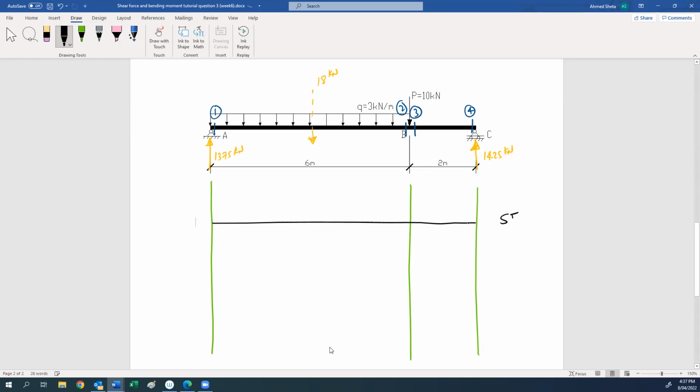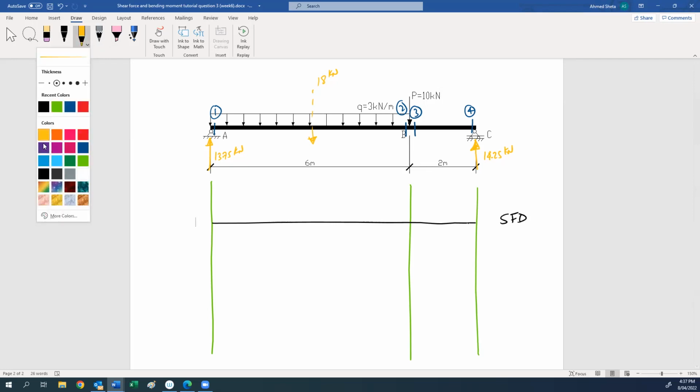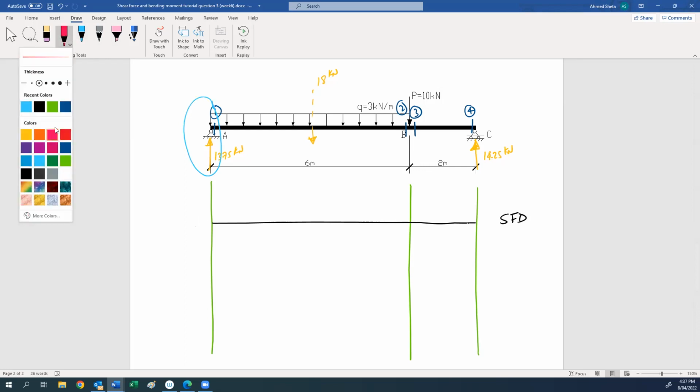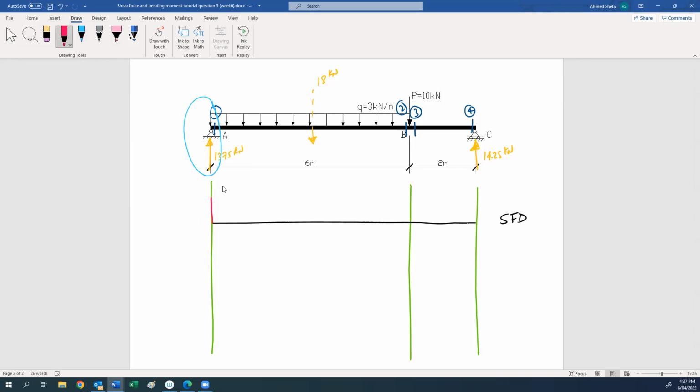Okay, so to draw the shear force diagram for this beam, at section 1, what forces cause shear? This cut is here, section 1, so the shear force diagram will be the reaction, which is 13.75, so I will go up to 13.75 kilonewton.